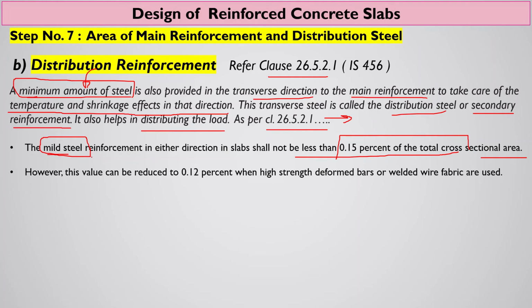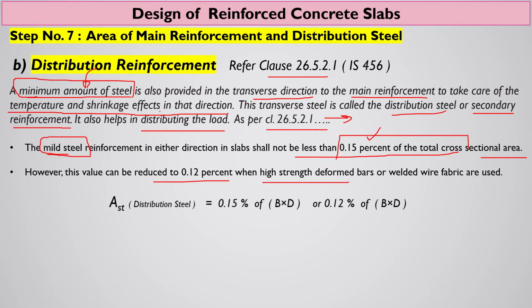That means if you are taking mild steel, then you need to provide a minimum of 0.15%. But if you are taking high strength deformed bar, then only 0.12% of steel is sufficient, which you can provide as a distribution steel.